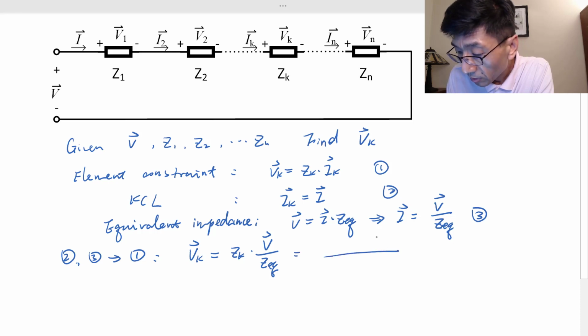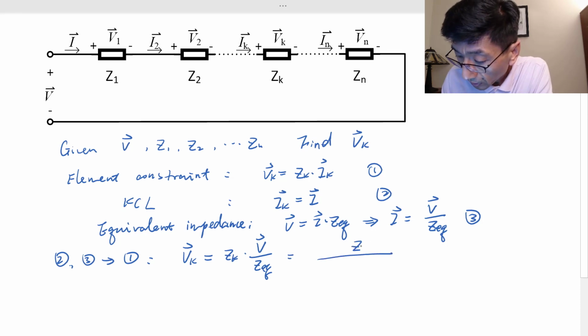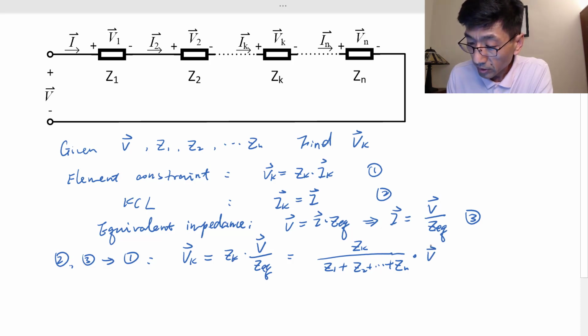So we can rewrite this slightly differently as Z sub k over Z1 plus Z2 plus dot dot dot plus Zn, that's Z sub EQ in the denominator, times V. So this is the voltage division.